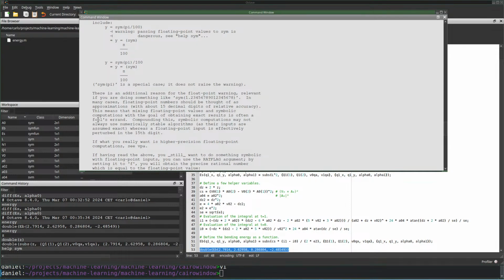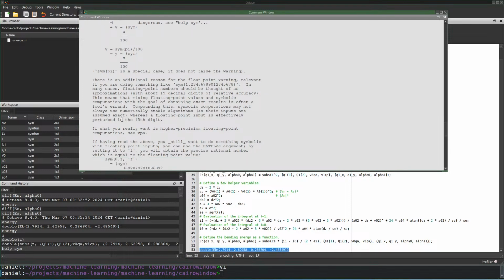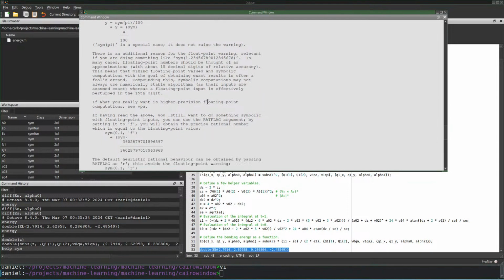They're calling me a fool here. Yeah, combining this symbolic computation has always been frowned upon. If having read the above, you still want to do something symbolic with floating point inputs, you can use the rational flag argument.